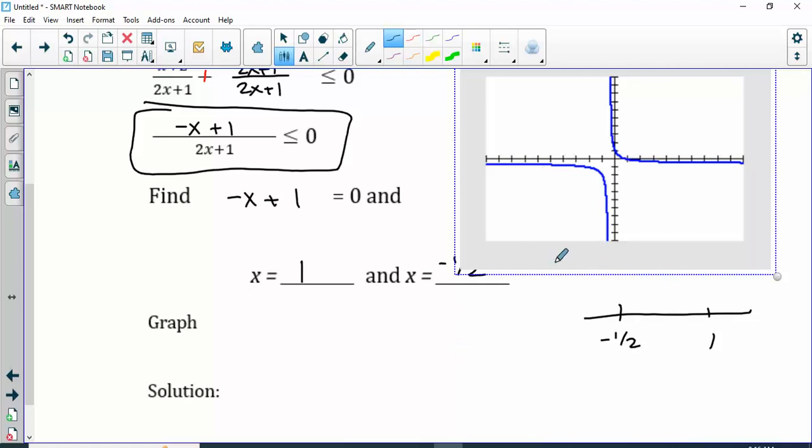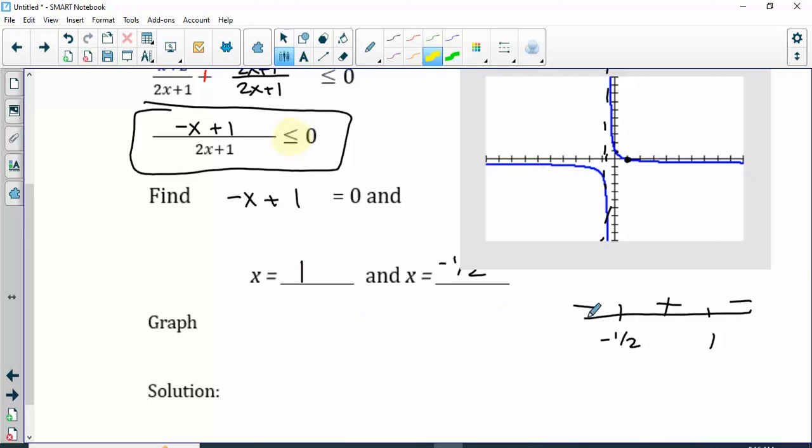What are we trying to decide off this? When it's negative. So before -1/2, our graph was negative. Between -1/2 and 1, our graph was positive, and after 1, negative. Which ones did I want? Yeah, less than or equal to. Equal to means brackets. Can both of those get a bracket?